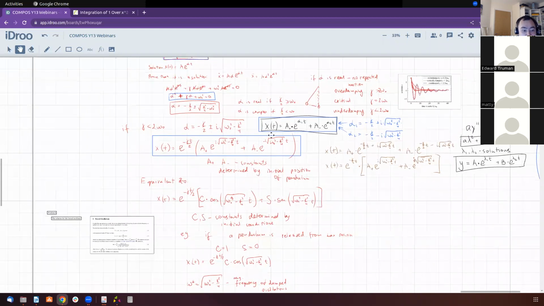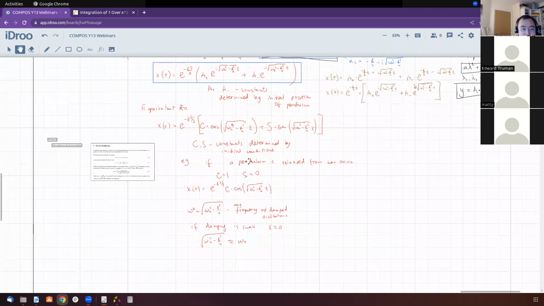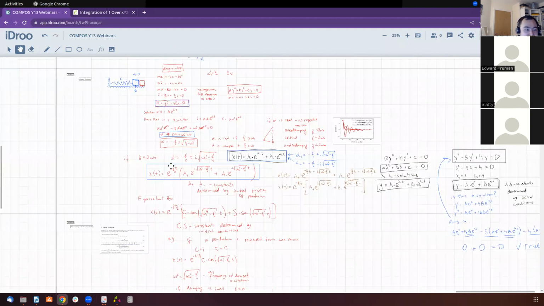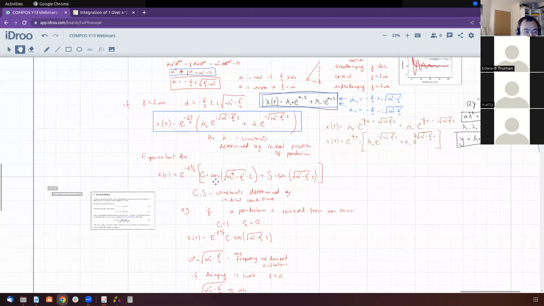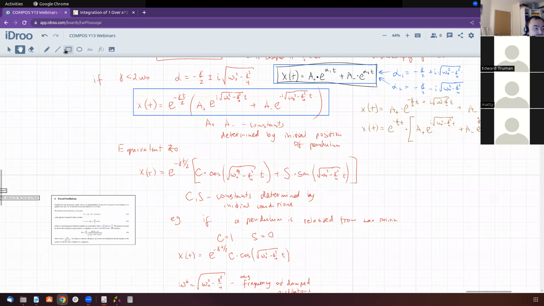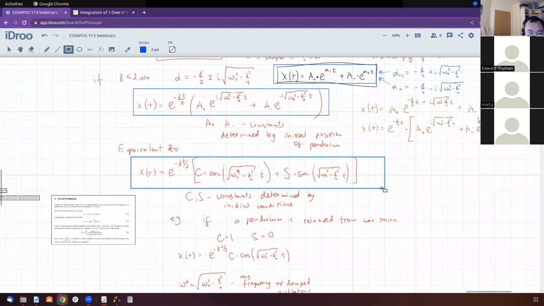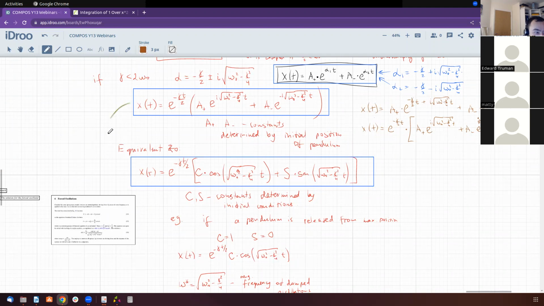I mean, it's not the easiest thing in the world, but this is the solution of the differential equation, and you will need to prove the equivalence of these two solutions. One of the tasks is that you need to prove that these are equivalent. Well, to do this, you need to use this formula: e to the i theta is equal to cos theta plus i sine theta.